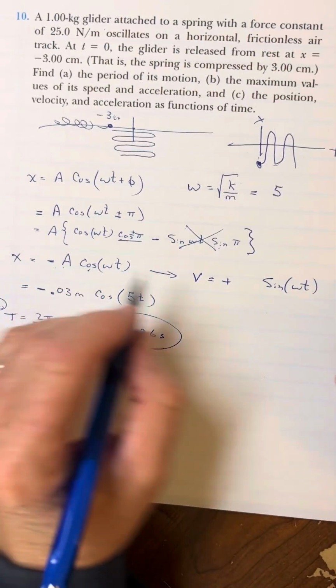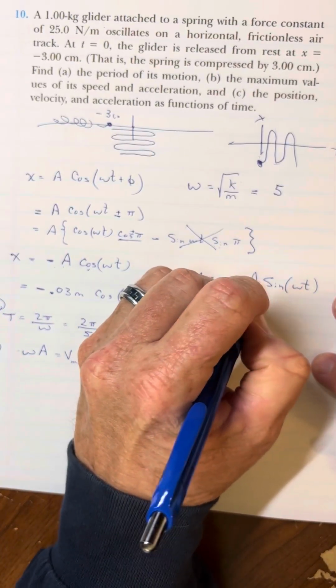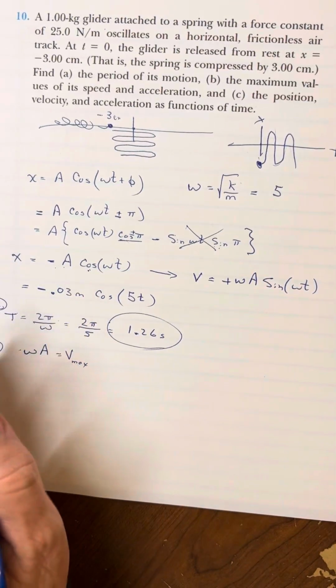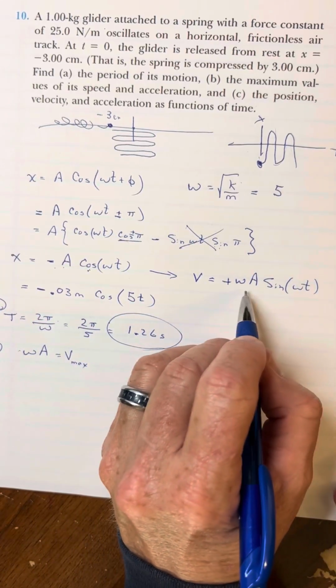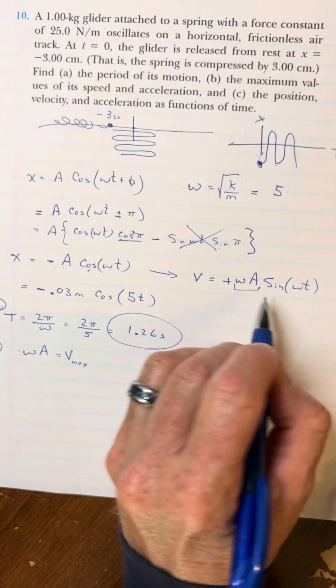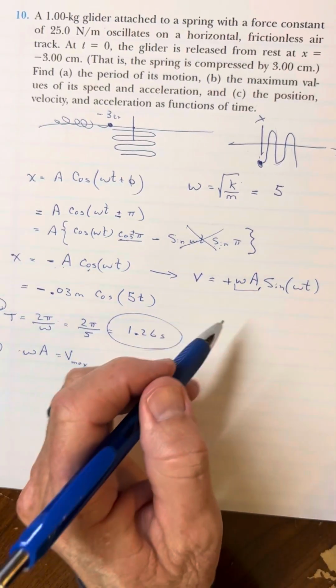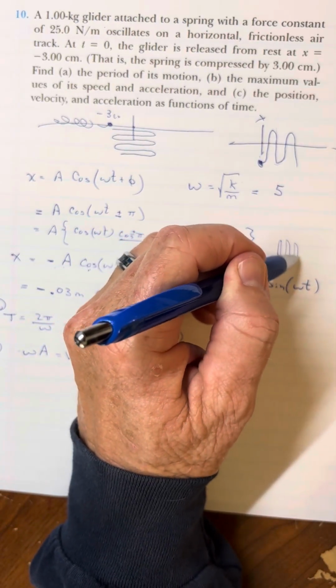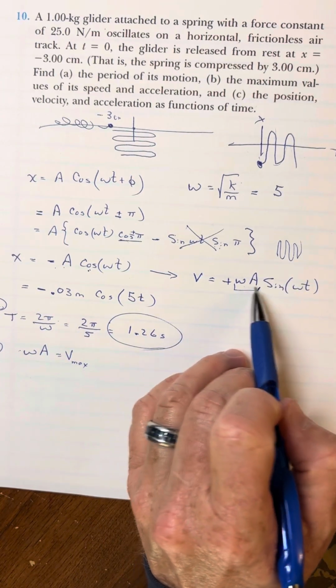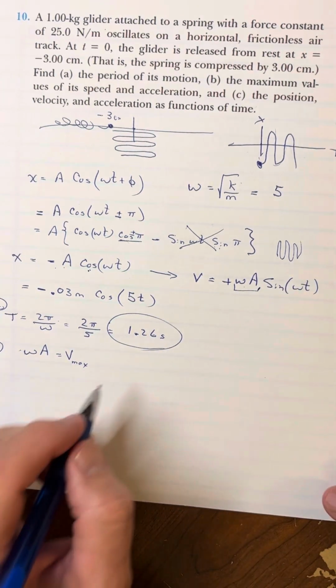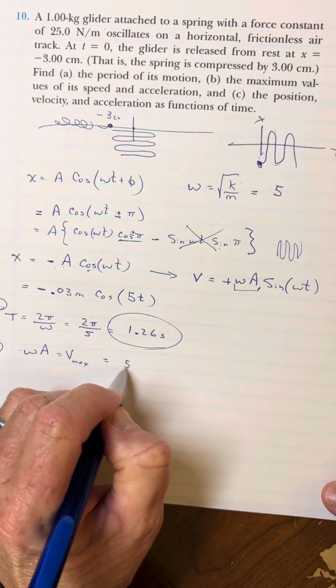The chain rule is going to pull out an omega, and of course the A is just some constant. But this equation says we've got something out in front times a function that goes up, down, up, down, and the biggest it ever gets is 1. So this omega A must be the maximum velocity.